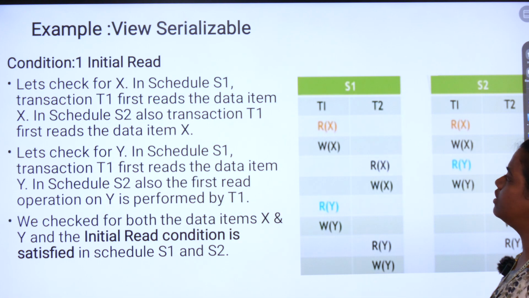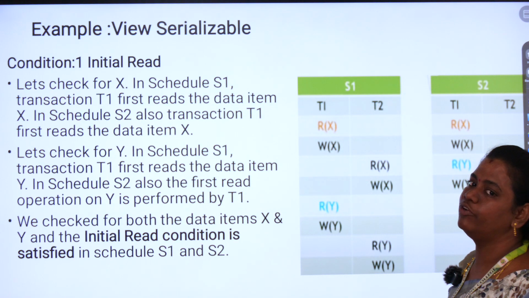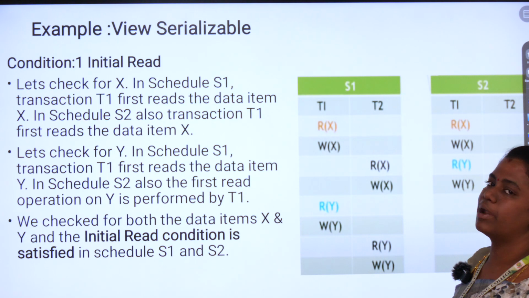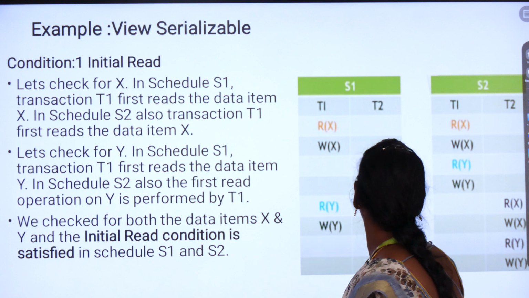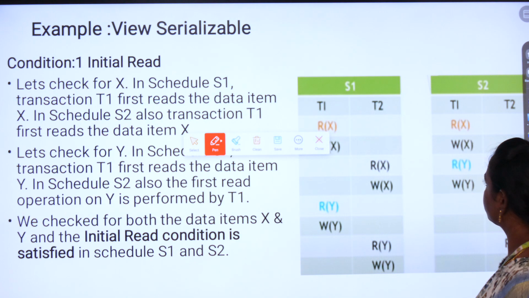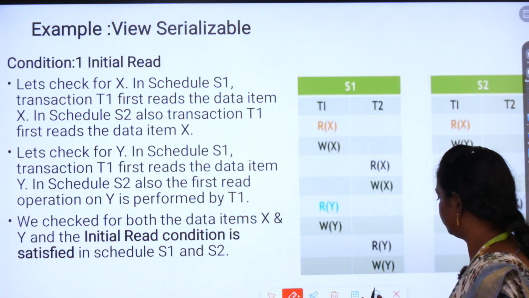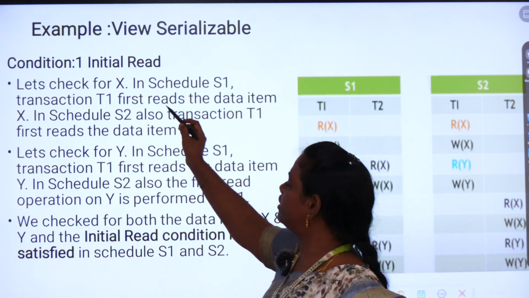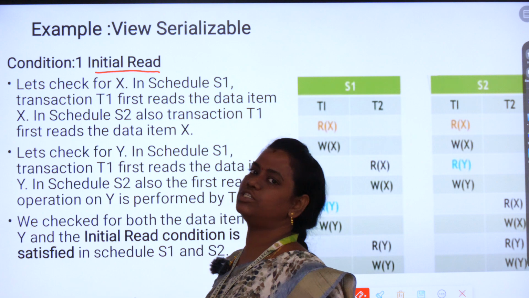Let's see the example. So this is your example for view serializability. First I am going to check the first condition, that is initial read.